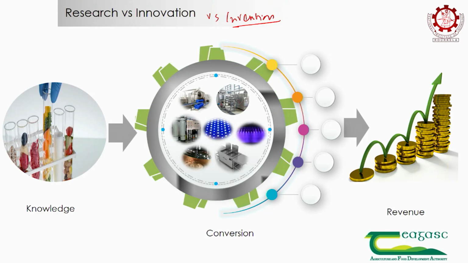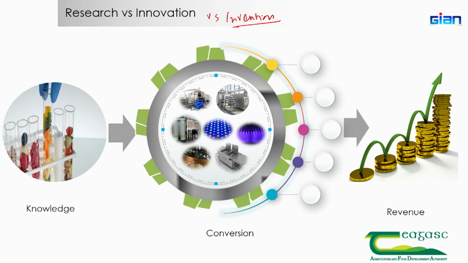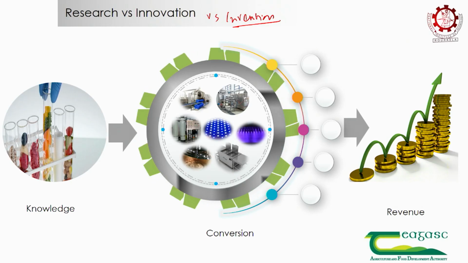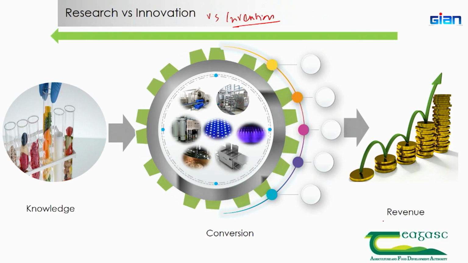Once you have knowledge and you use that knowledge to convert into revenue, that is innovation. Generating knowledge can be an invention, creating a new space of knowledge, and when you convert that into revenue, that is known as innovation.